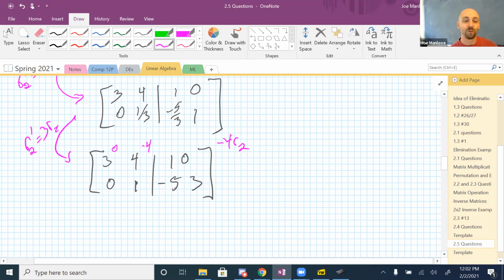Negative 5 times negative 4 is 20. And then this is minus 12 here. So now my next elimination step is going to be that the new row 1 is the old row 1 minus 4 row 2.